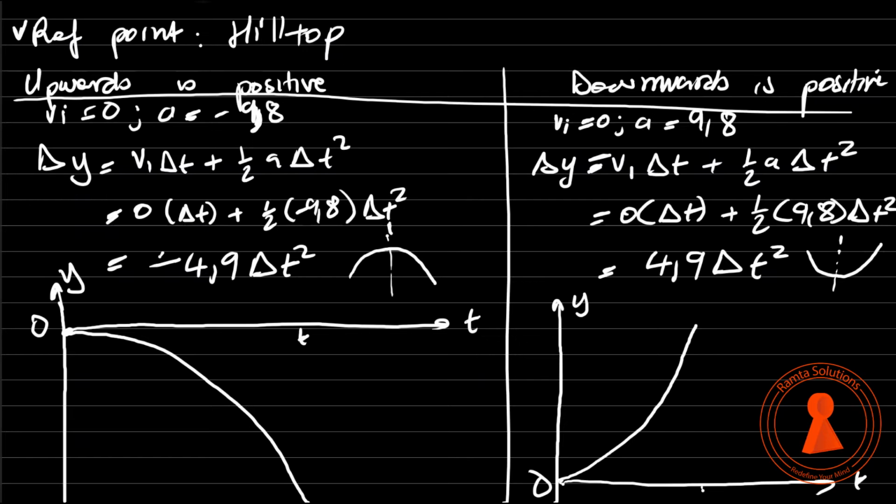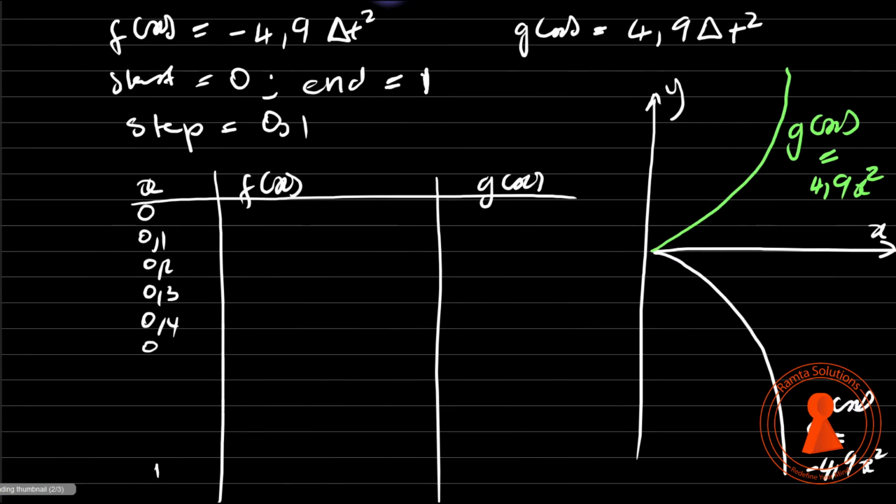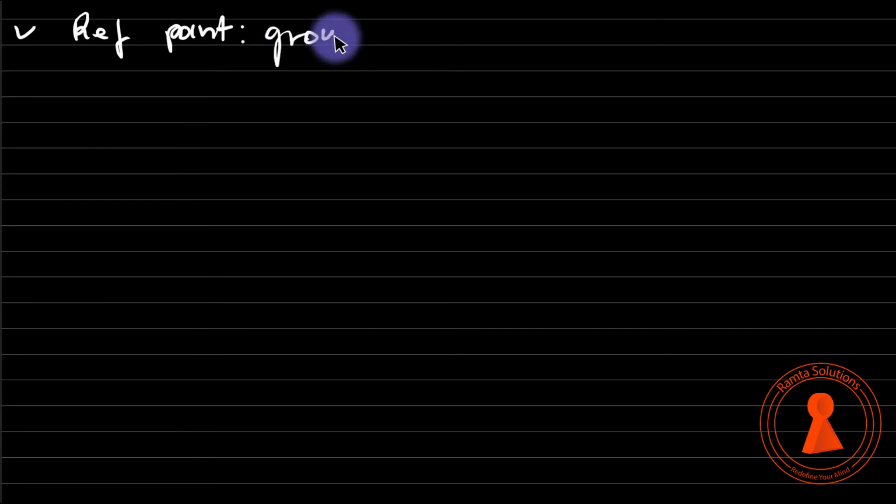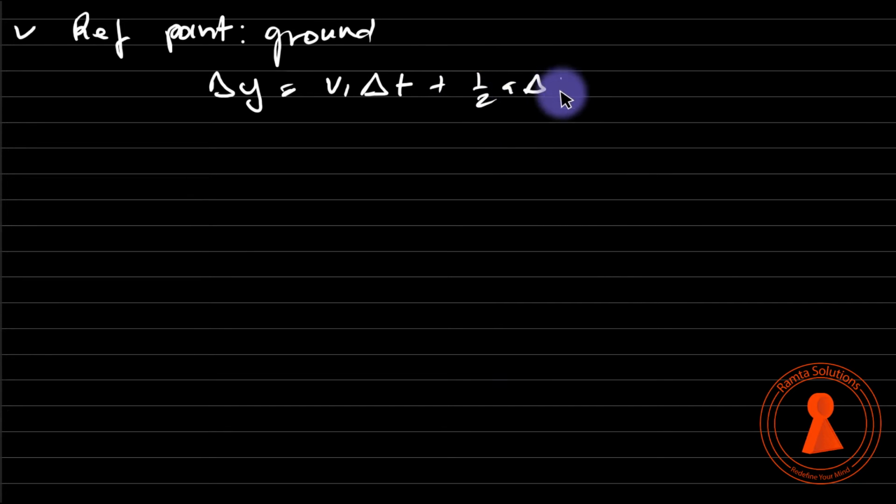Now let's look at when the reference point is the ground. I like saying, guys, remember our formula was like this. Delta y equals vi delta t plus half a delta t squared.